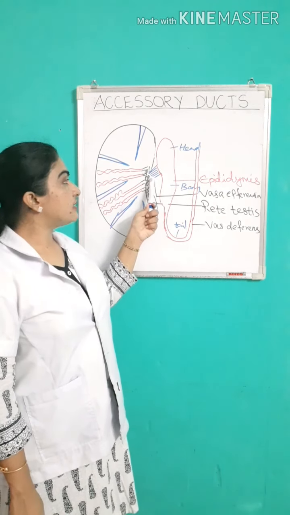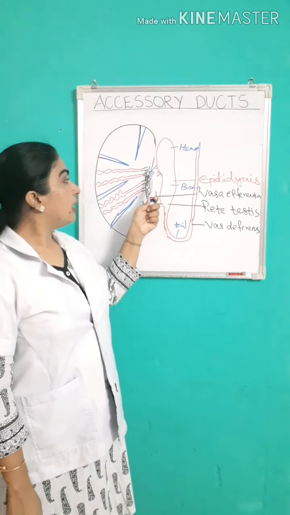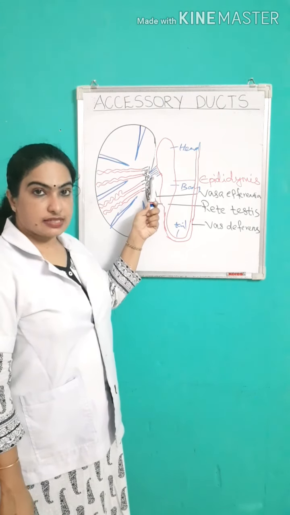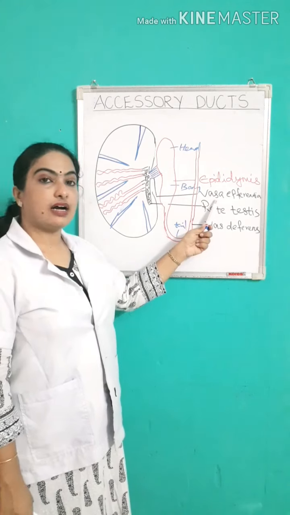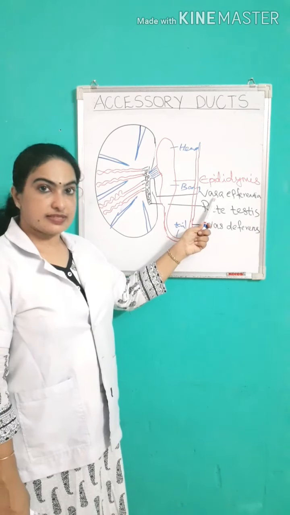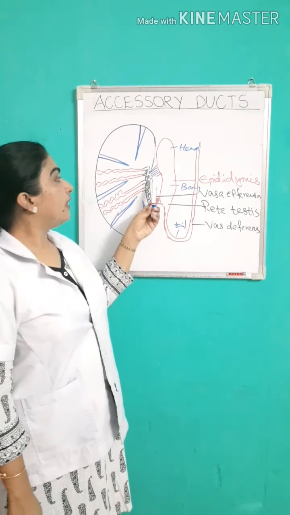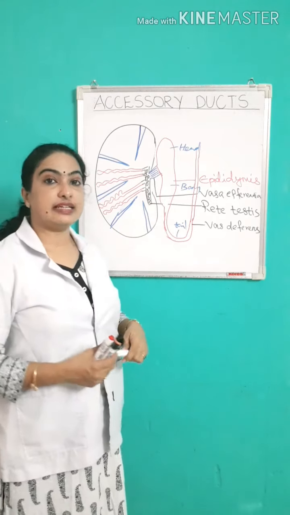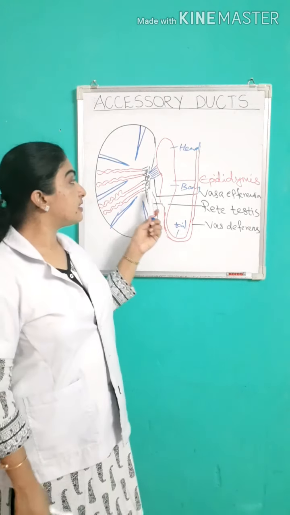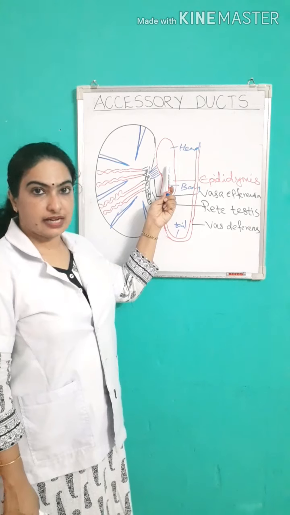The rete testis joins to form a tubular structure known as vasa efferentia. This is the second accessory duct. This vasa efferentia conducts sperm from the rete testis into the epididymis.